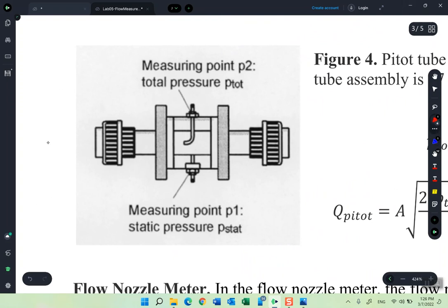For this orientation, we have the flow coming from the left to the right. And you will notice that there are two very small tubes: the L-shaped tube and the straight tube.